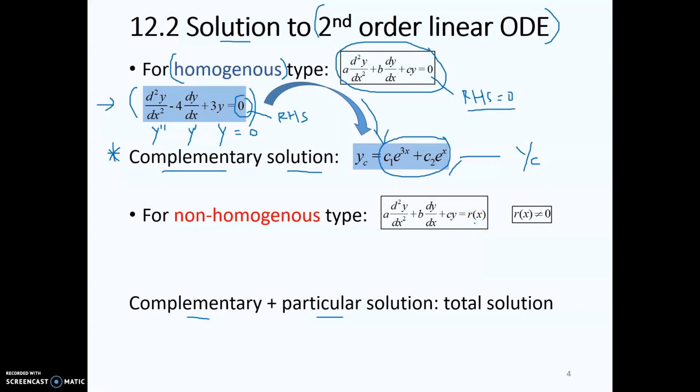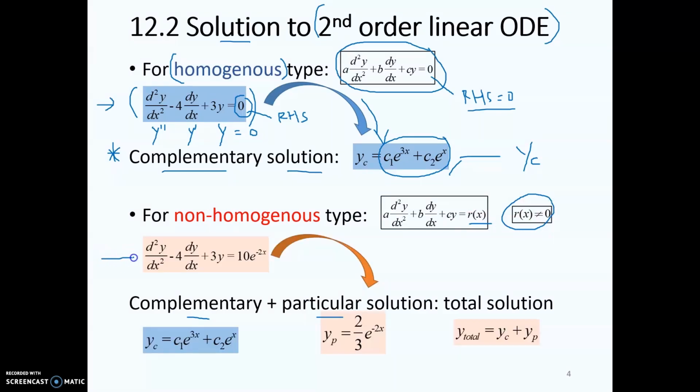For a non-homogeneous ODE, your right hand side will not be equal to 0. For example, in this case, your right hand side here is not equal to 0. So this is known as a non-homogeneous ODE. Later you will learn the strategy to solve the non-homogeneous ODE to obtain the particular solution.